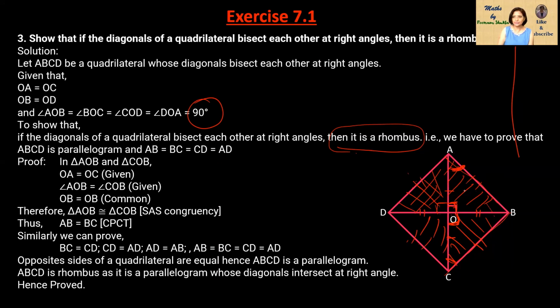AB equals BC equals DC equals DA. So this is a rhombus, whose all sides are equal. And what was given, that the diagonals bisect each other at right angles, all conditions are fulfilled. Hence proved.